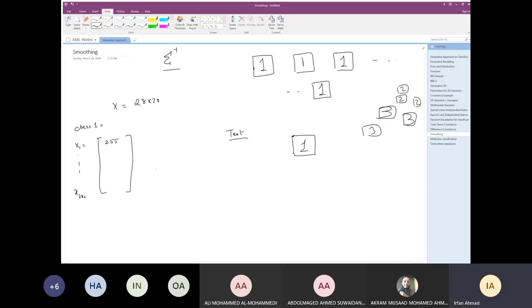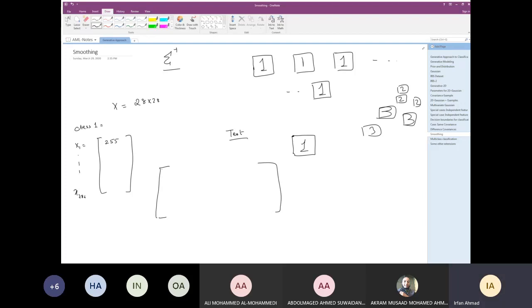Now coming to the covariance matrix for class 1. Again, it's a very big matrix, 786 by 786. But what is interesting for us is the variance here. What is the variance of the first feature? What will be the variance here? Any answer? In all your samples, the first x1 is 255, always. It's always a clean image. There's no noise in the corner.